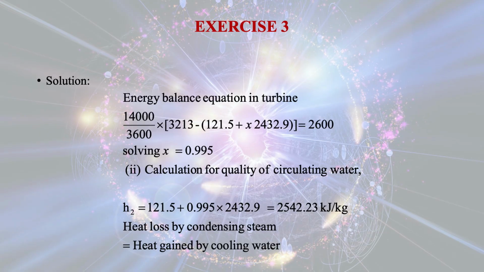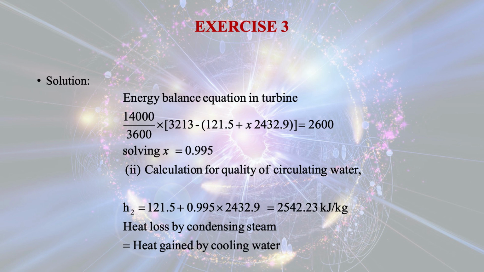The flow rate is given as 14,000 kg per hour, so we have to convert it to kg per second. So we have to divide by 3600. Finally the energy balance equation is 14,000 divided by 3,600 multiplied by, within bracket, 3,213 minus, again bracket starts, 121.5 plus x multiplied by 2,432.9, bracket close, equal to 2,600.